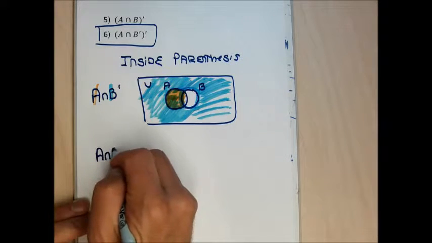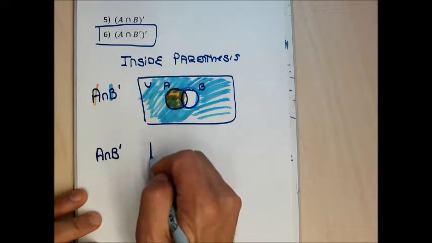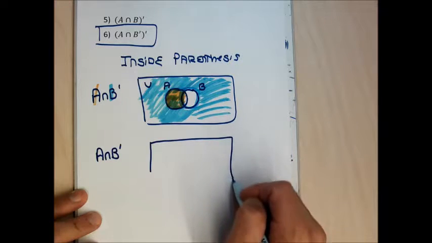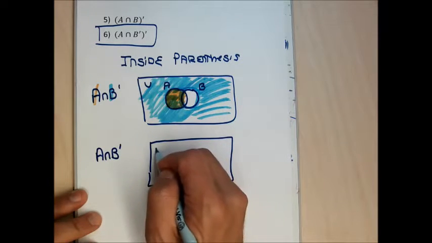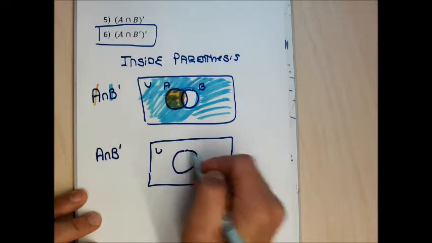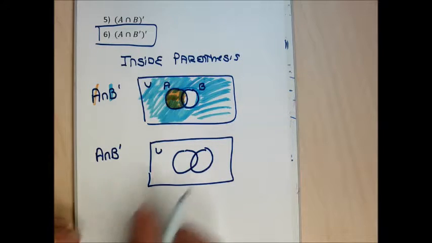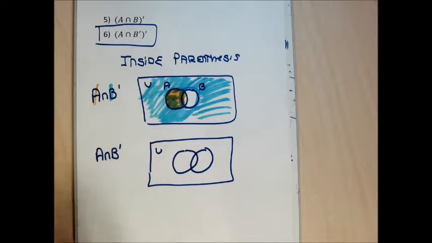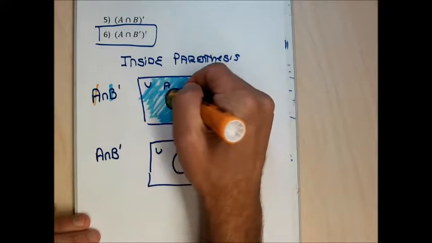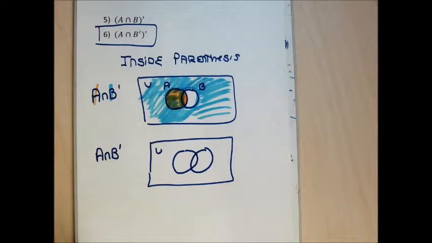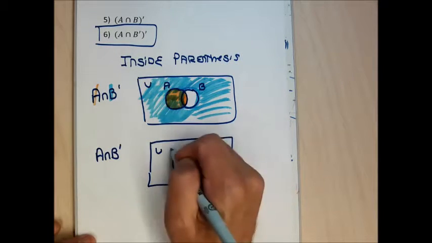I need to clean this up a little bit, and the picture for A intersection B complement would be where the 2 shadings overlap. I can tell the region where I have both the orange and the blue shading, and hopefully my cruddy drawings aren't slowing you down in your understanding of this.